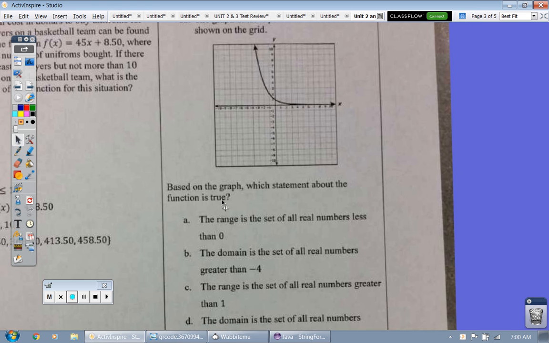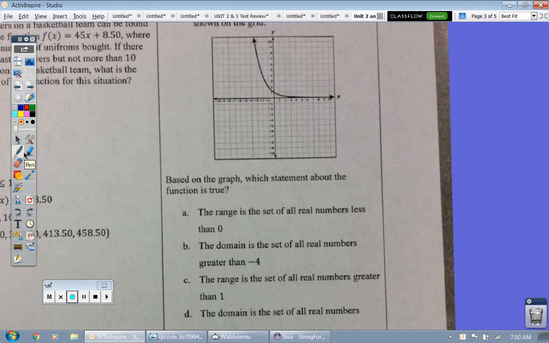If you look at these and you remember, if we try to build a fence right here, we can't, because the arrow signifies it keeps going forever. And we can't build a fence here because this arrow signifies it keeps going forever. So along the x-axis, it's going to use all those numbers. So our answer is D, all real numbers. If you can't build a fence on both sides, it's using all the real numbers.